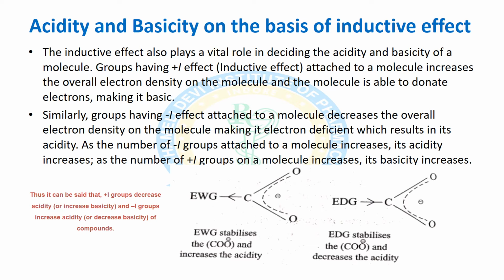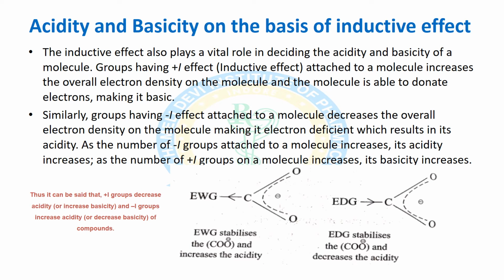It means that acidity and basicity can be decided on the basis of the plus or minus effect, that is, the electron withdrawing or electron donating nature of the molecules.